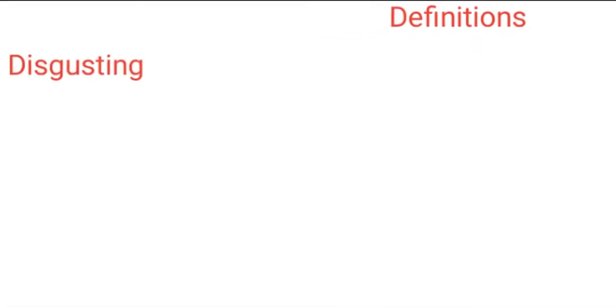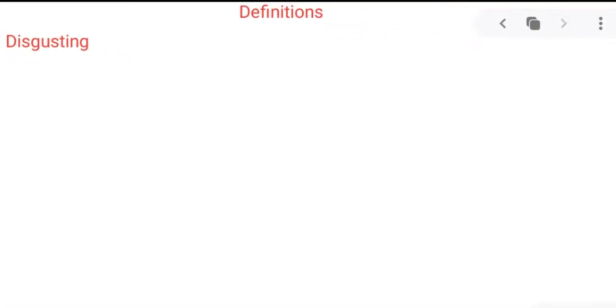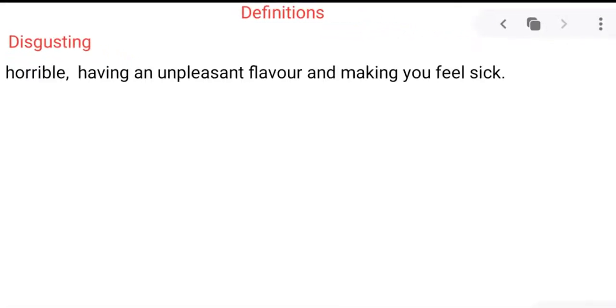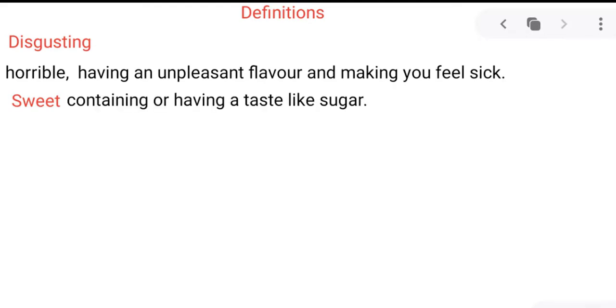Number 1, disgusting. Disgusting means horrible, having an unpleasant flavor and making you feel sick. Number 2, sweet. What does sweet mean? Containing or having a taste like sugar.